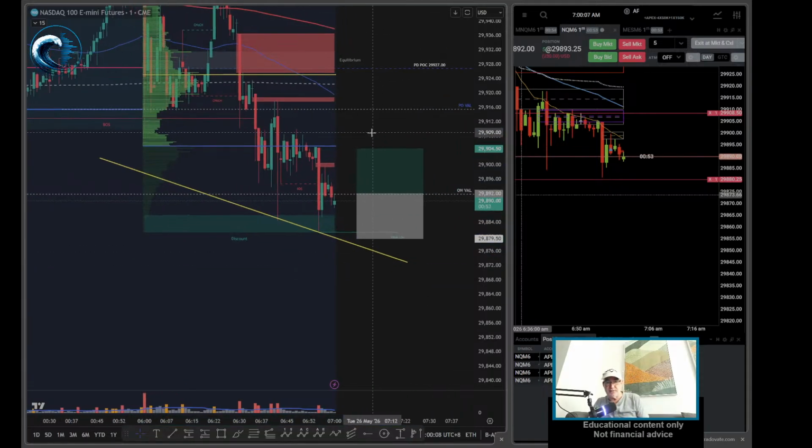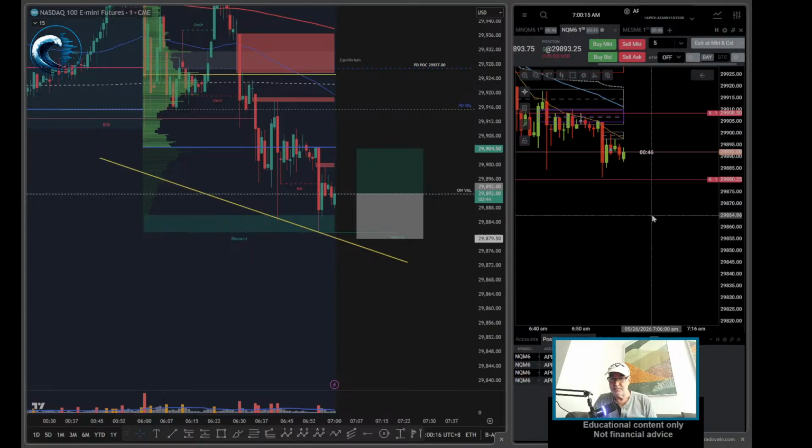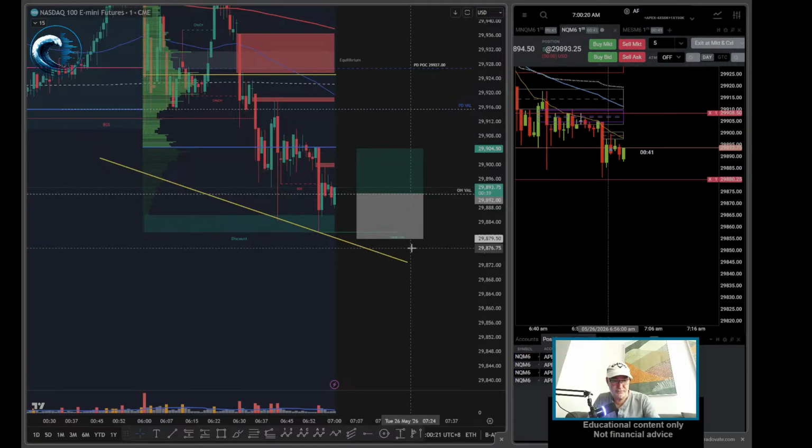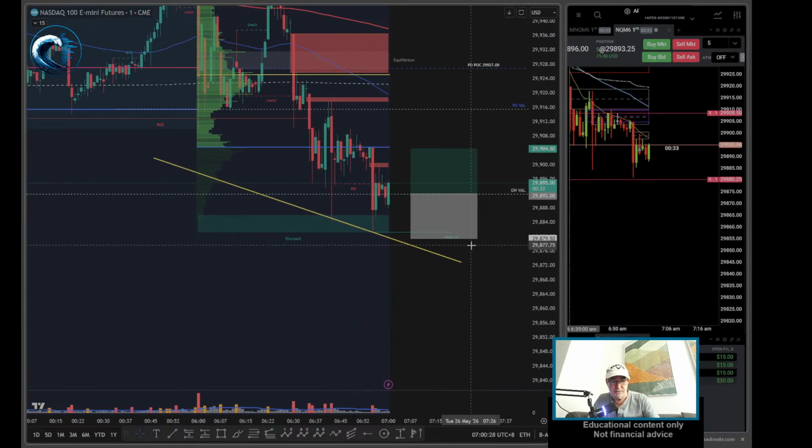Let's see if it's got one leg left up. Okay, so what am I trading? I've got to set up Tradovate a little bit better. Okay, so basically what I'm trading: 3 50k Apex accounts and 1 150k Apex account.